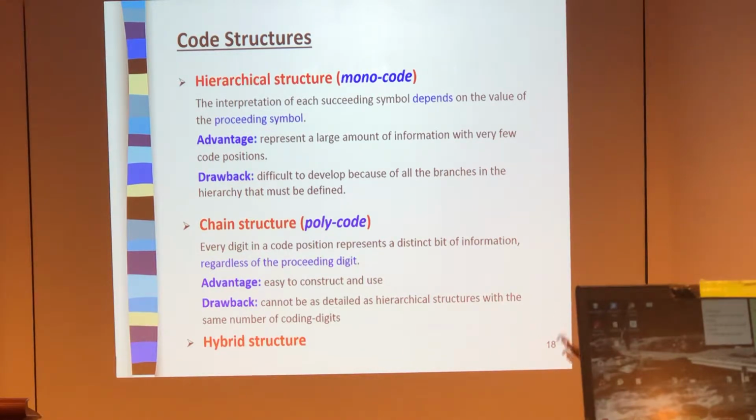So using the same number of digits, the top one could represent more information. But the drawback is that it is difficult to develop, because all the branches in the hierarchy must be defined very carefully. Of course. And chain structure, okay.